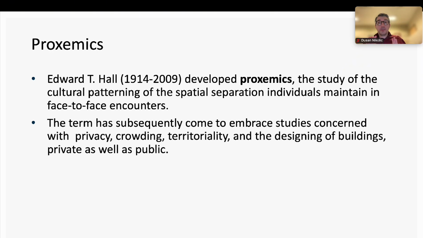So he described proxemics that are now used in a lot of fields, such as crowding, territoriality, city planning, and designing of buildings as well. We see in Canada that everything is broad, right? People are separate. They maintain this social distance, and that's how they also behave towards their friends.